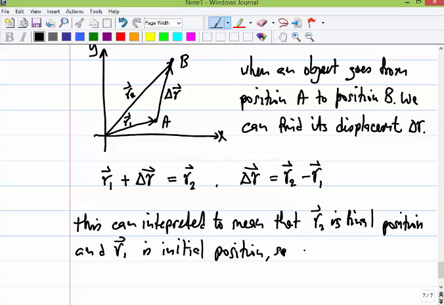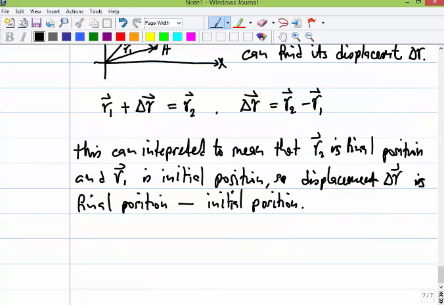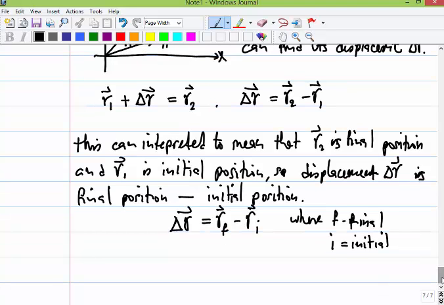So displacement delta R is final position minus initial position. So we can now write delta R equal to R final minus R initial, where the subscript F means final and the subscript I means initial. So our displacement is final position minus initial position.